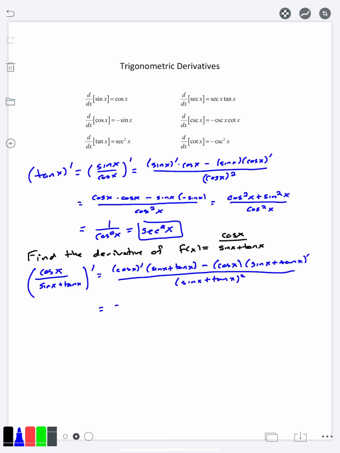And then the derivative of cosine is negative sine times sine plus tangent, minus cosine. And then the derivative here, it's going to be derivative of sine is cosine, and the derivative of tangent is secant squared. All over that mess here.